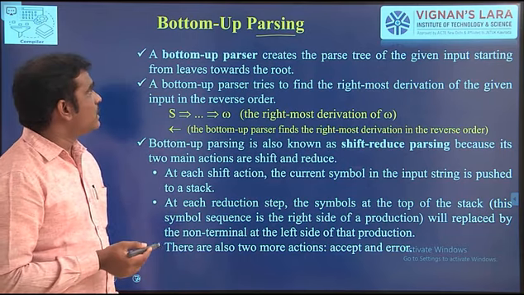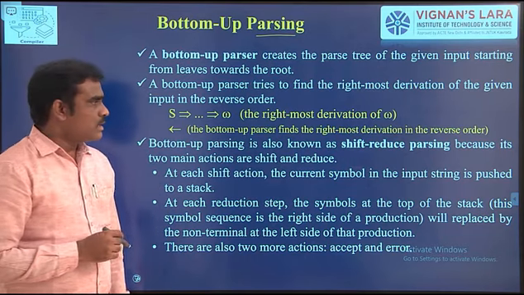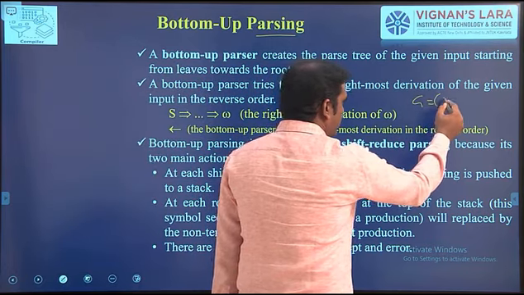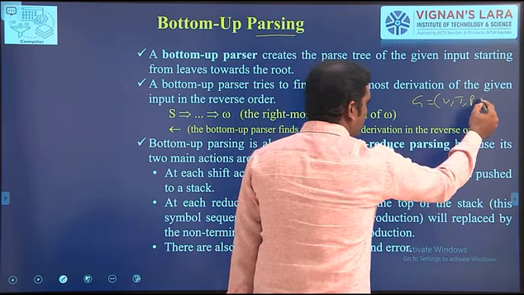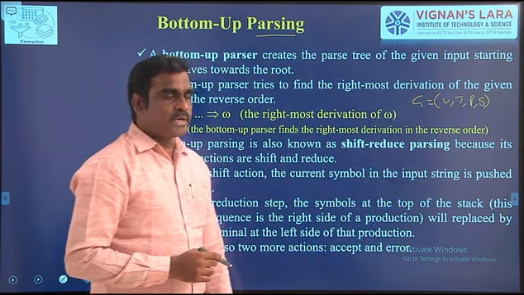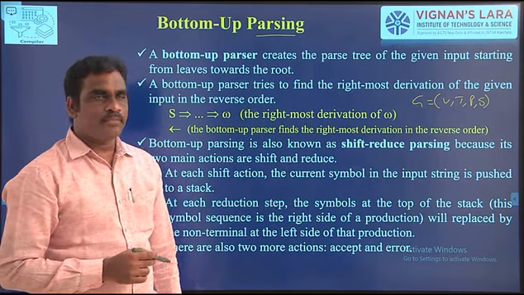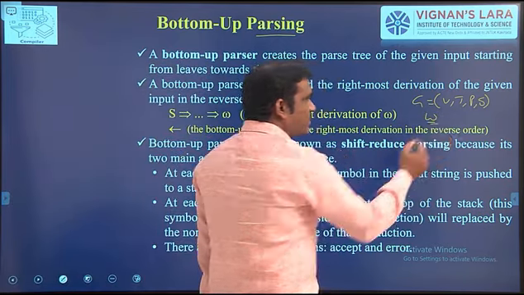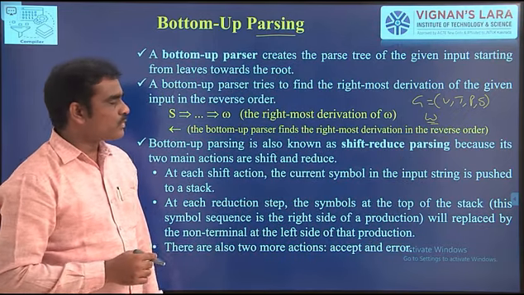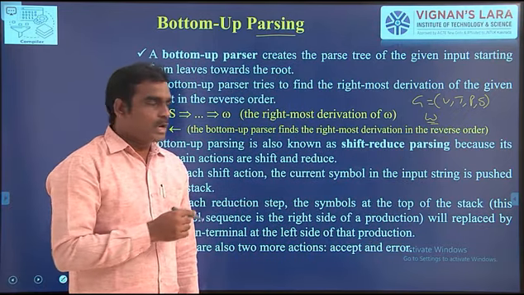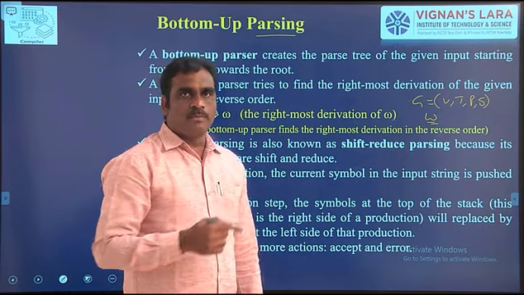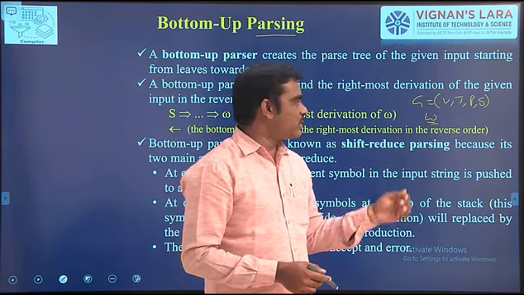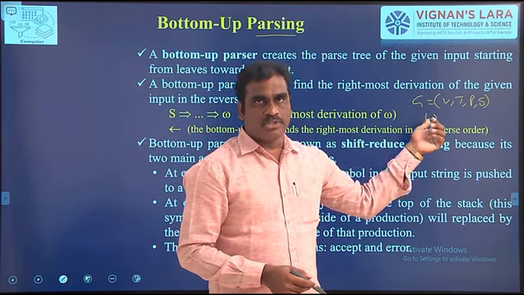Here the input is grammar, where grammar contains four tuple notations G equal to (V, T, P, S), and based on the grammar we have to derive some input string, that is W. In the top-down parser, we construct a tree top down. Top means starts with root element and moves towards the leaf nodes. Here leaf nodes means nothing but input string.